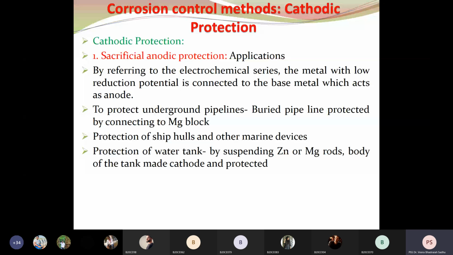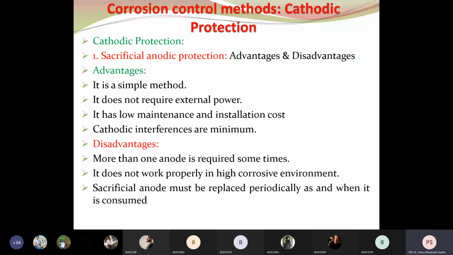What are the advantages? It is a very simple method and does not require external power. It has low maintenance and installation cost, and minimum cathodic interferences exist.